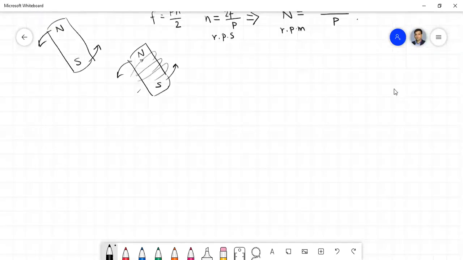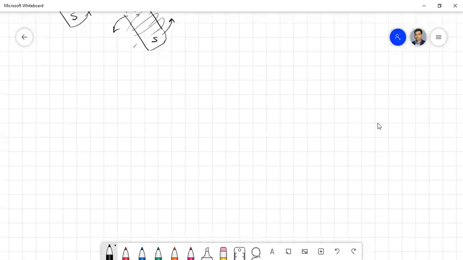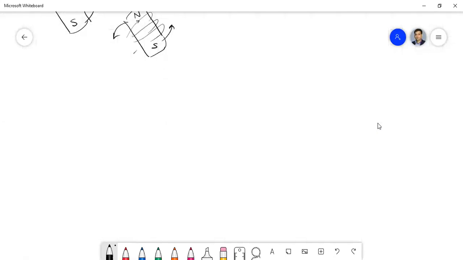Now, why these are shorted, that I will discuss. Now, suppose there is a rotating magnetic field. That means the field is rotating, and you have the rotor here. Suppose you have the rotor bars, the squirrel cage induction motor rotor bars.